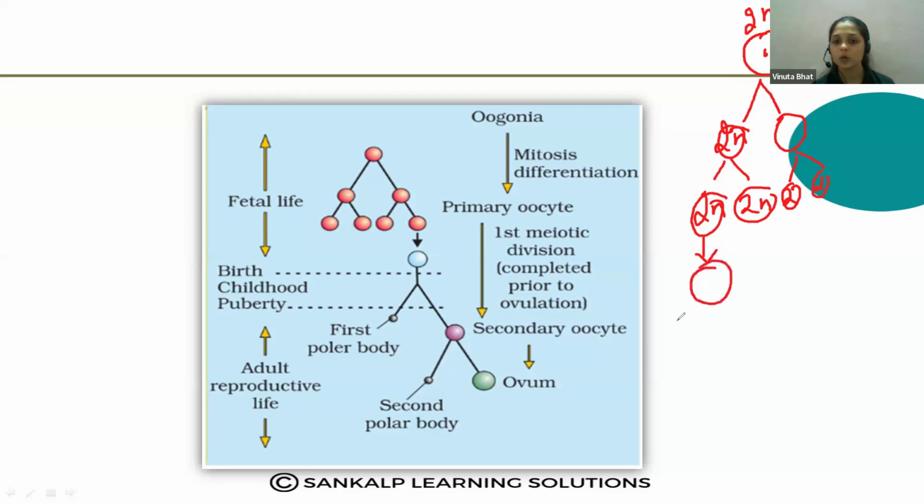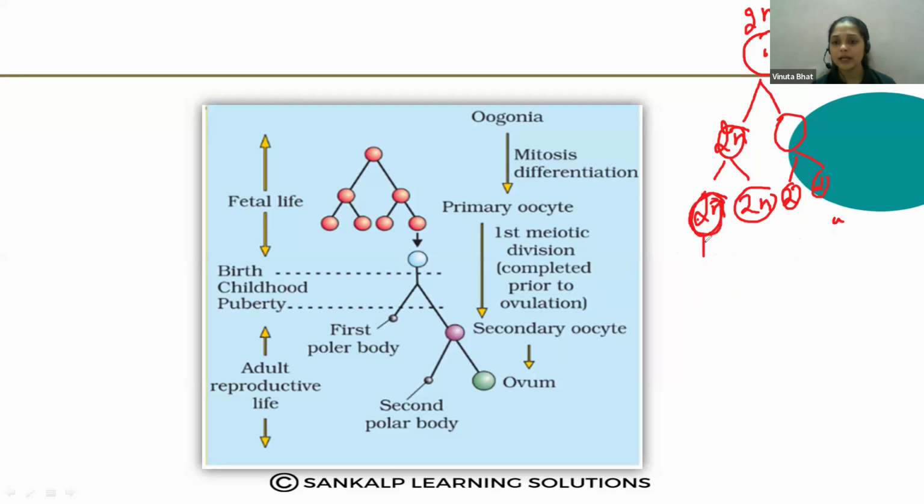primary oocyte. So here you can call it a primary oocyte. You may get confused, so I will do it this way. This is the primary oocyte, and I will take this one primary oocyte here.